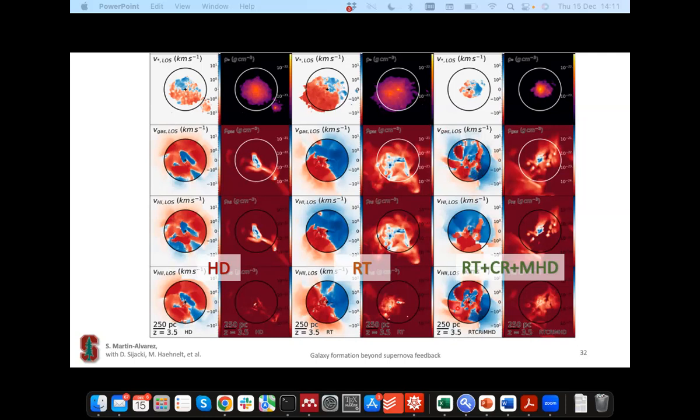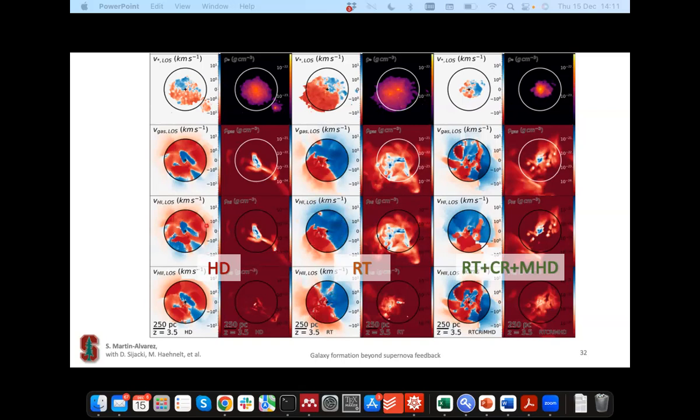In particular, it's interesting to see misalignment between the H2 and the H1, which people have thought was maybe indicative of AGN activity in these galaxies. You can also attain this with cosmic rays. And radiative transfer seems to, in agreement with the other graphs, give us a bit more of a clear rotational structure in the systems.